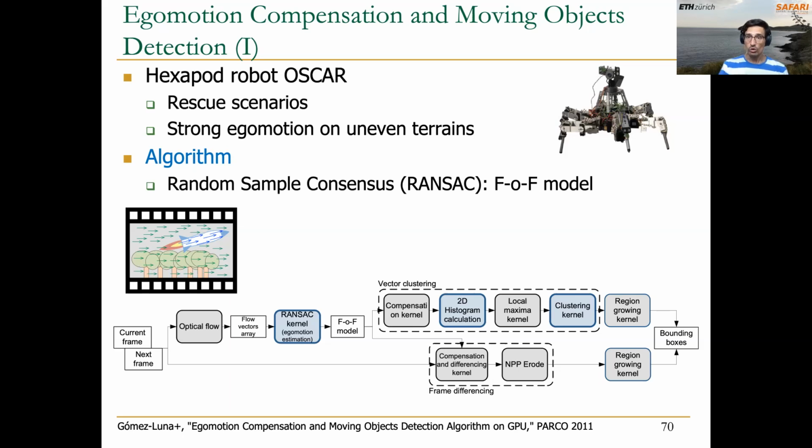If we know the movement of the robot and of the background, we can subtract it from the image, and only the flow vectors that belong to the moving object, maybe the person that needs help, are going to remain after removing the vectors from the background. This way we can identify the moving object.